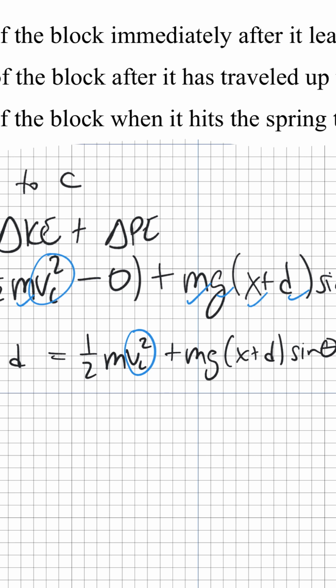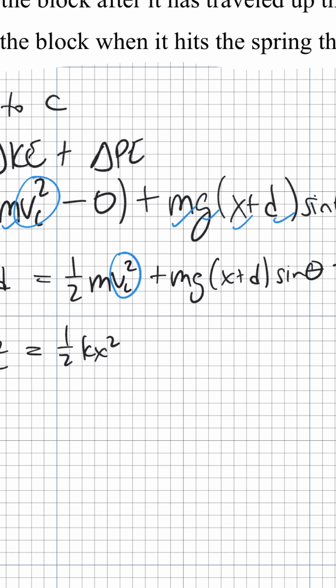Okay, let's see. 1/2 mvc squared equals, so it stays where it is, which means this is negative, that's positive, so we'll have 1/2 kx squared.